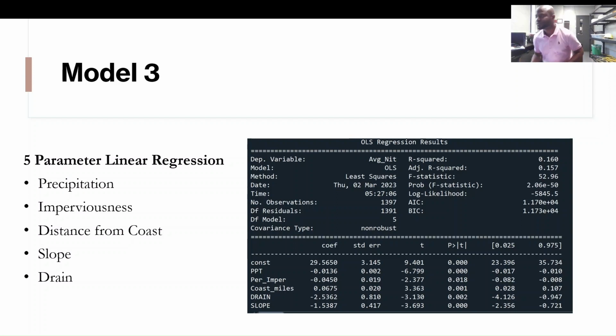Designed using the guidance of multicollinearity, I selected precipitation, perviousness, distance from coast, slope, and drain as parameters that help to obtain p-values that are less than 0.05, and also to have consistently positive or consistently negative confidence intervals.